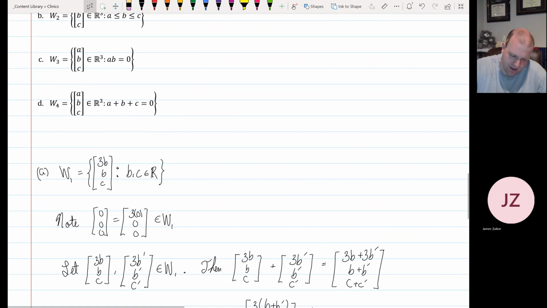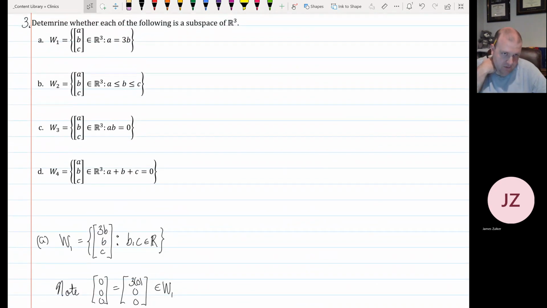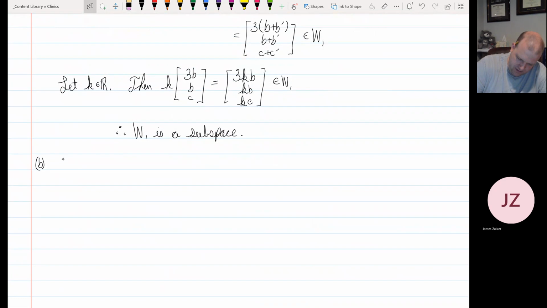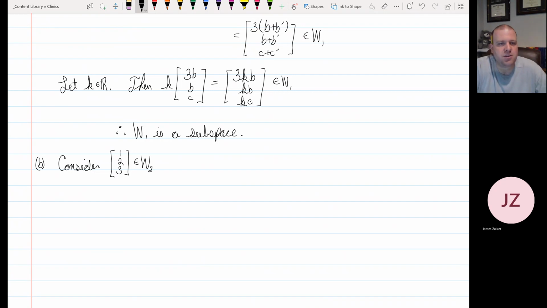So for part B, W2 is the set of all vectors (A, B, C) such that A is less than or equal to B, which is less than or equal to C. Well, let's consider the vector (1, 2, 3), which satisfies the condition for W2. So it's in W2. What happens if we multiply that by -1?